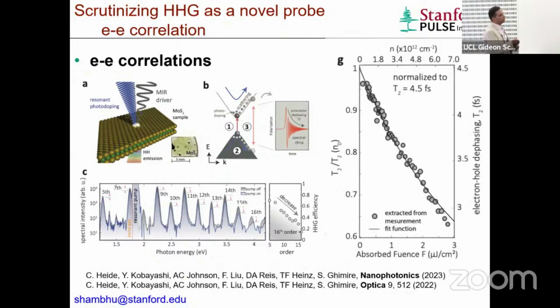We did some relatively simple theoretical simulations where we were able to use this harmonic-order-dependent decrease to get an estimate of T2. This is not an absolute measurement of T2, but a relative measurement. What is shown here is that when you increase the number of electrons in the conduction band, you decrease the signal. You basically increase the dephasing. So this is one possible direction.